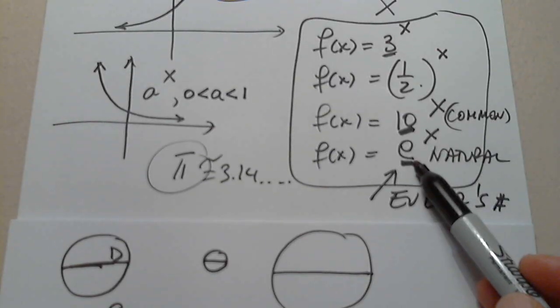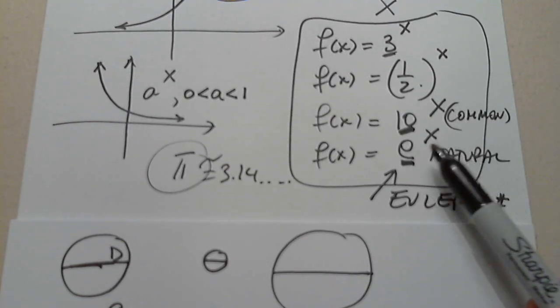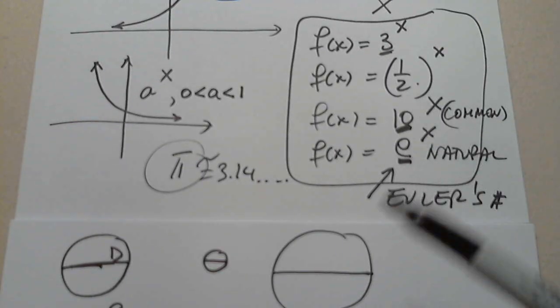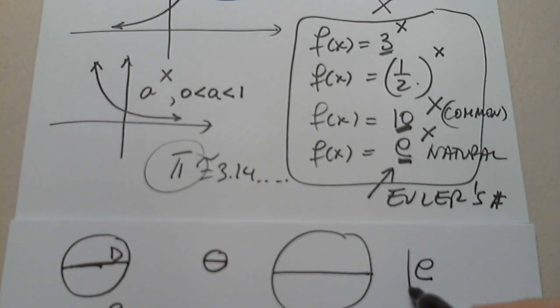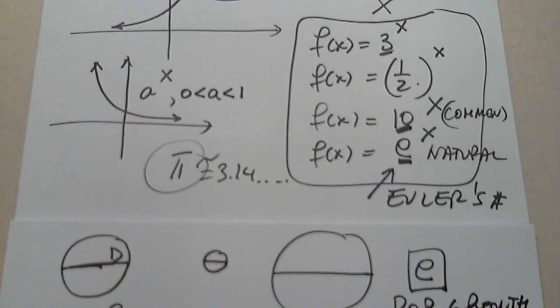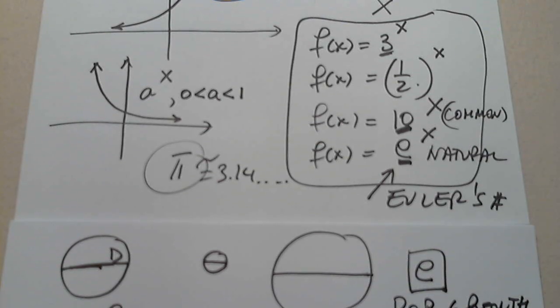So the same thing here. Euler showed that this number is the best base of an exponential function for population growth, bacteria growth, fish, birds, and so on and so forth.